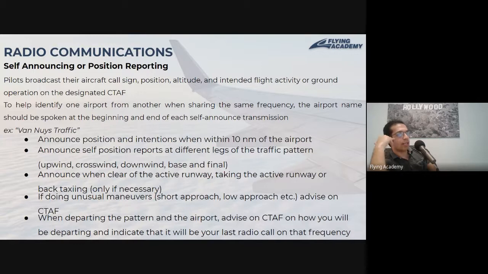Before you turn any leg in the traffic pattern, always announce, scan, then execute. It goes on for every single leg, even after touchdown: Corona traffic, 19886 cleared off runway 25, taxi to ramp or taxi for takeoff.